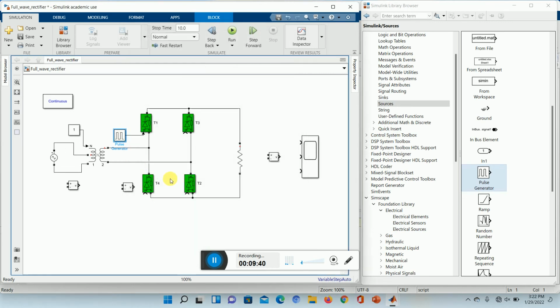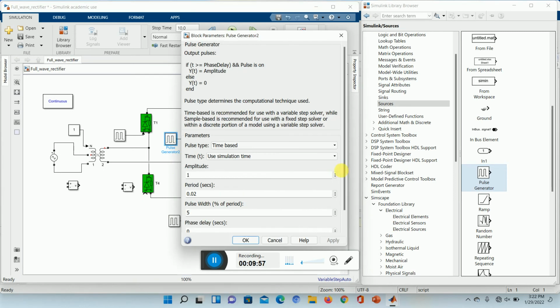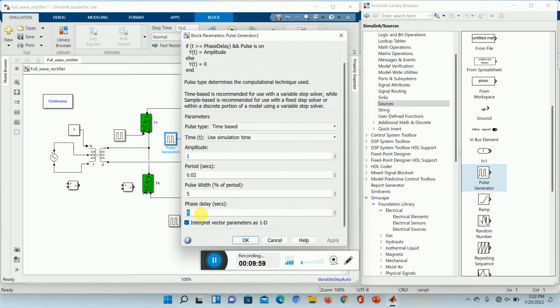Control C, Control V. Give the pulse over here. Next, Control C, Control V. Give a pulse over here. Only difference is that this pulse should be 180 degree out of phase. So we need to make it like 180 divided by 360 times 2 times pi.